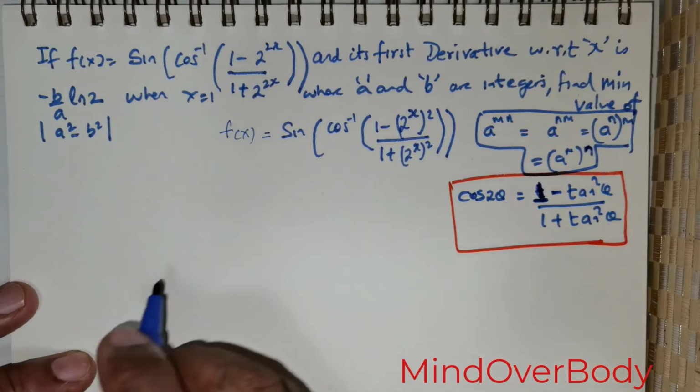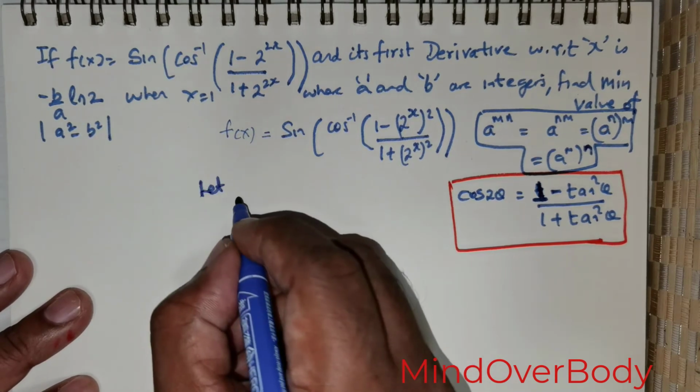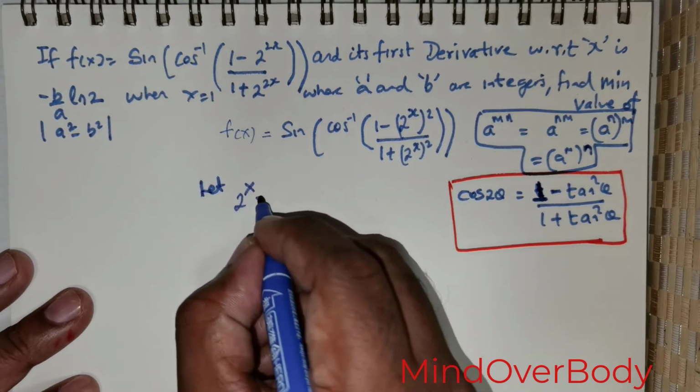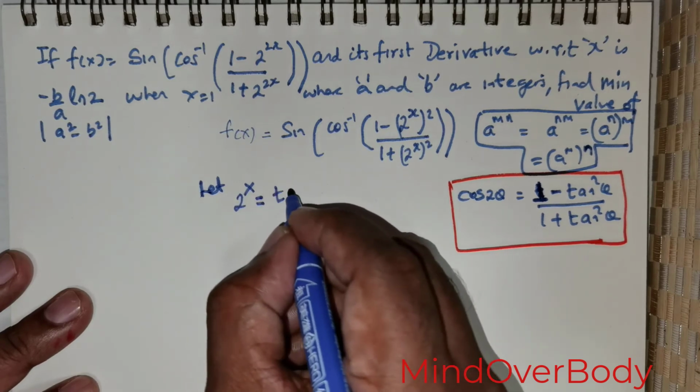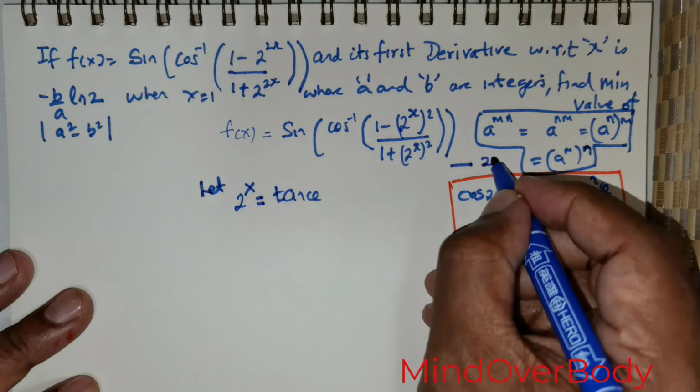So what I'm going to do is, I'm going to say let 2 raised to the power of x be equal to tan theta.